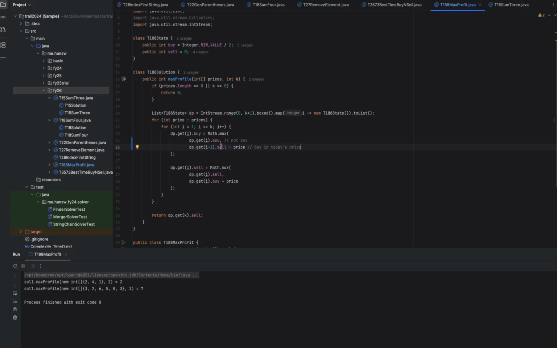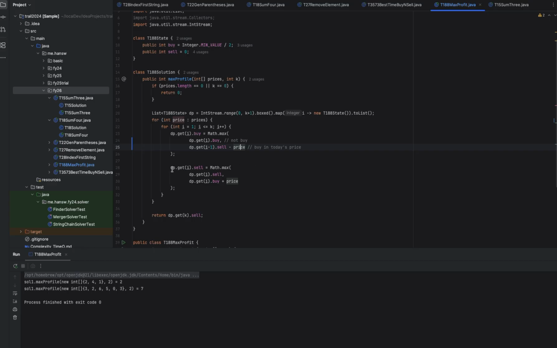Once we buy at today's price, the buying money decreases by the buy price, but this money needs to be compensated later because we are going to sell it.